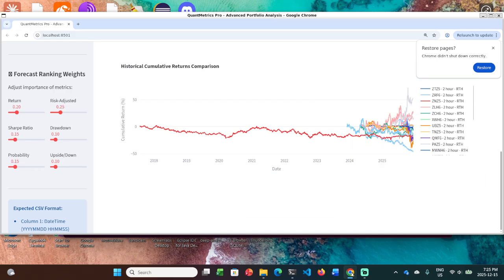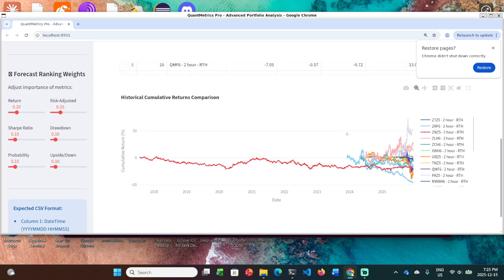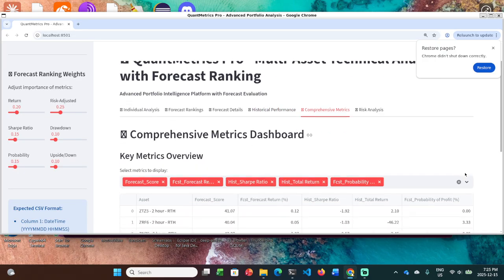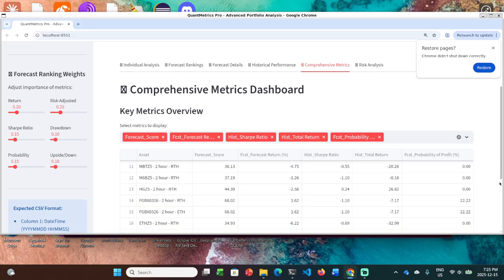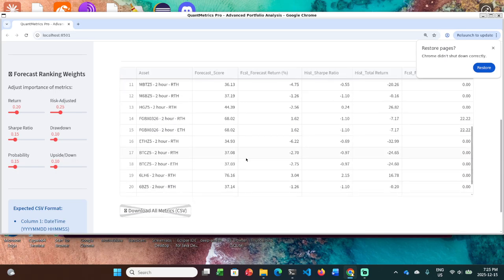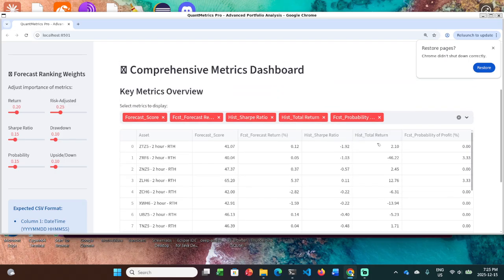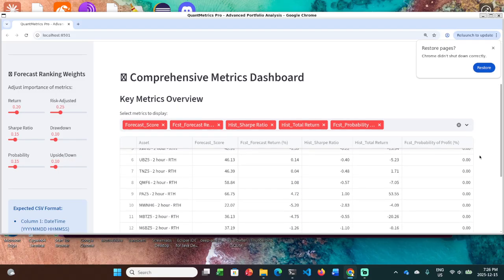So here, if you can muddle through all this fun stuff, everything is overlaid with each other on the historical returns. So the comprehensive metrics, not going to load them all in, but you have a forecast score, historical Sharpe ratio, historical total return, and I'm not sure what forecast probability of profit is.